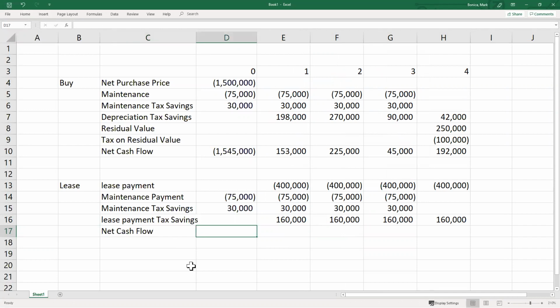And so we would just total these up. Negative 45,000 at time 0, and we'll just copy it across. And so here are our cash flows. Notice under the lease version, we're all negative, right? Under the buy version, we've got a positive and then a stream of negatives.